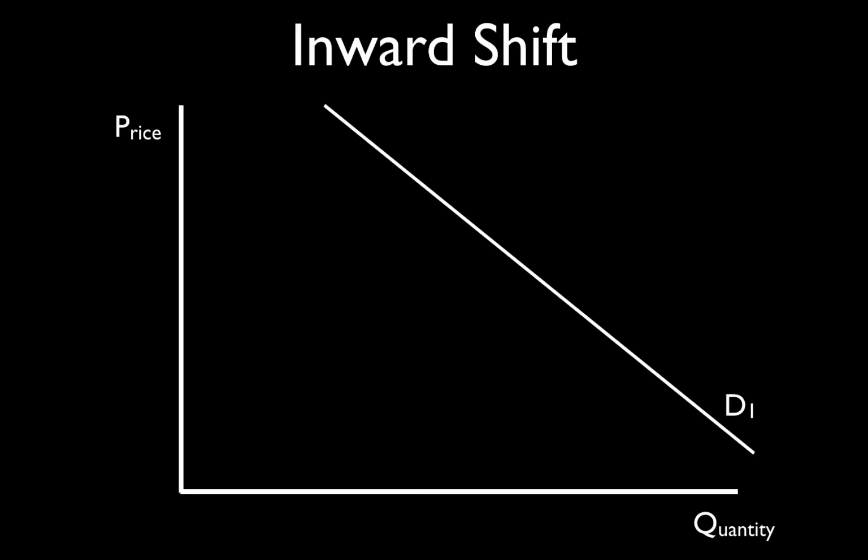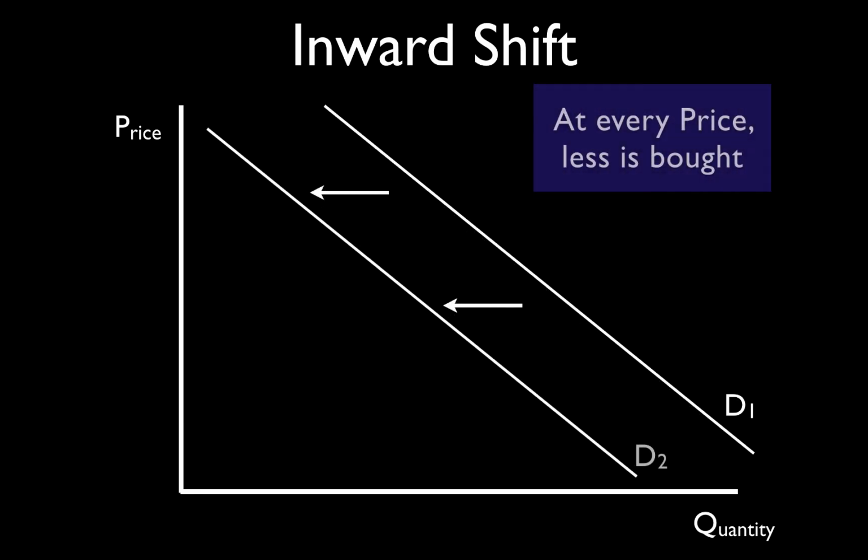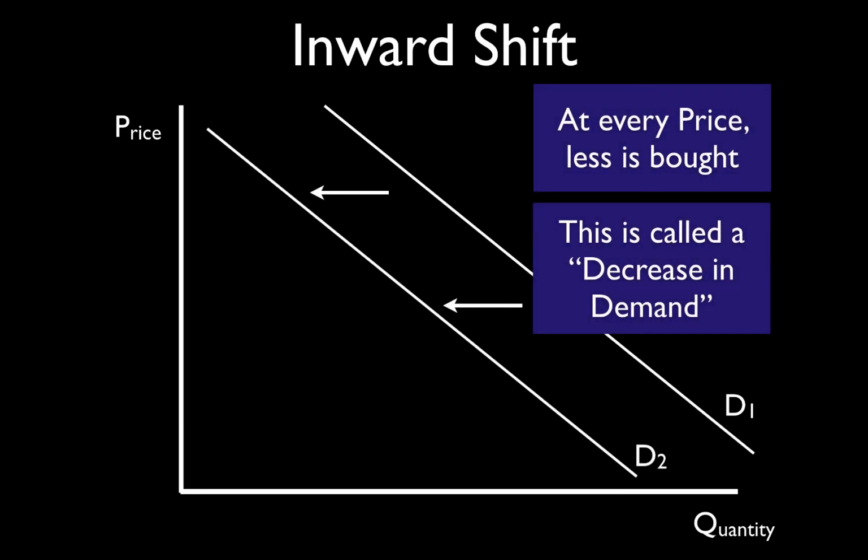On the other hand, an inward shift of the demand curve means that at every price less is bought, and this is called a decrease in demand and not a decrease in quantity demanded. Remember that changes in the non-price determinants of demand cause a change in demand, not a change in quantity demanded.